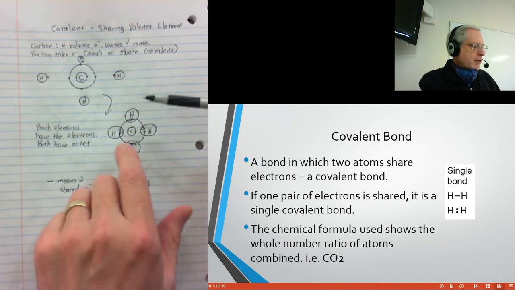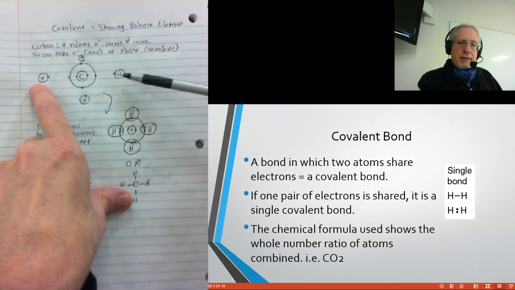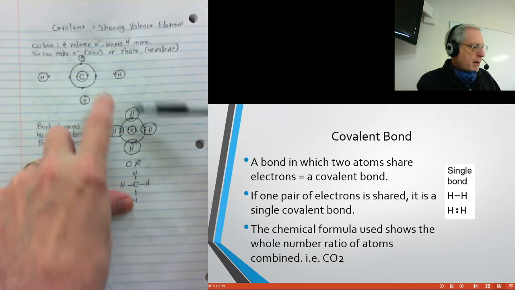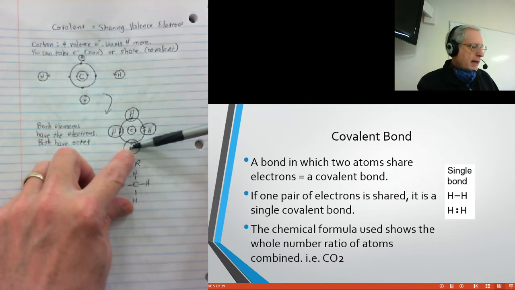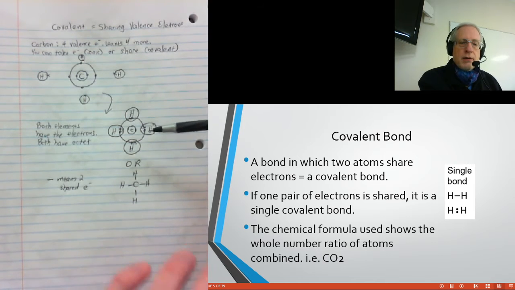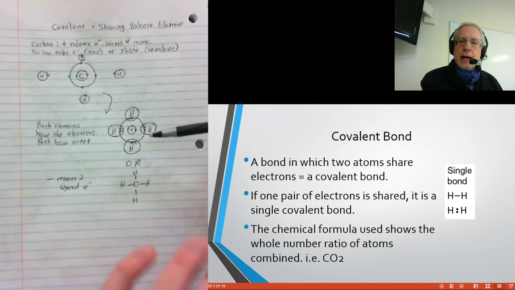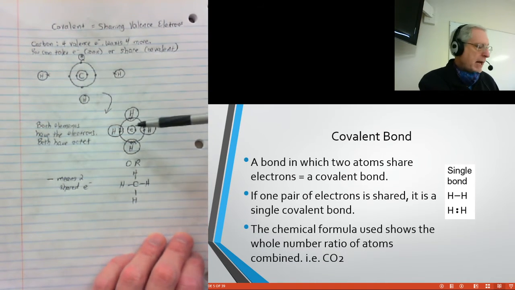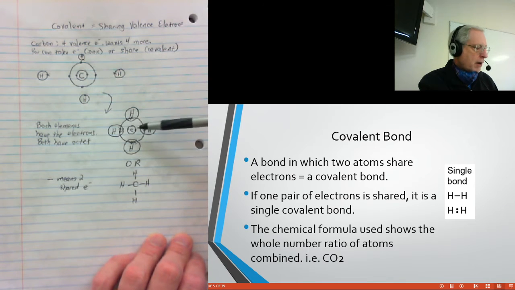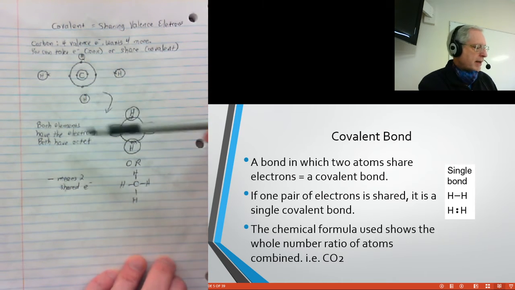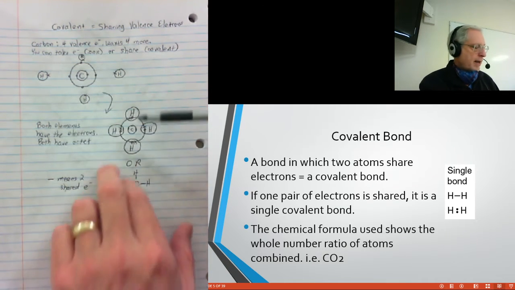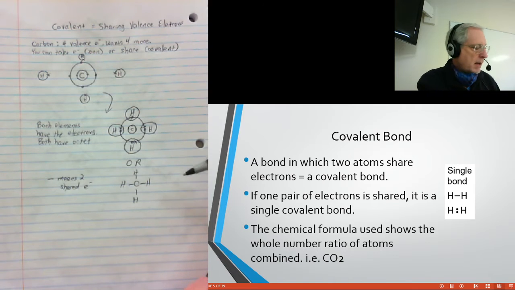In the case of hydrogen, they're not giving up, they're not forming ions, but they're actually coming together. And the electrons are now shared between the 2 atoms. The hydrogen has them and the carbon has them. So now carbon has 1, 2, 3, 4, 5, 6, 7, 8, and every hydrogen has 2. Both elements have the electrons, both have an octet, or duplet if you're hydrogen.